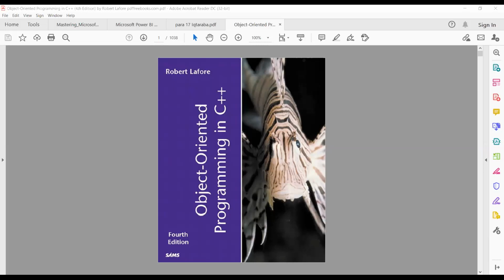Generally C++ has a compiler, but some languages have an interpreter. Like if I am working with a programming language like BASIC, BASIC has an interpreter, but C++ has a compiler. So it's up to you whether you use the interpreter or compiler.